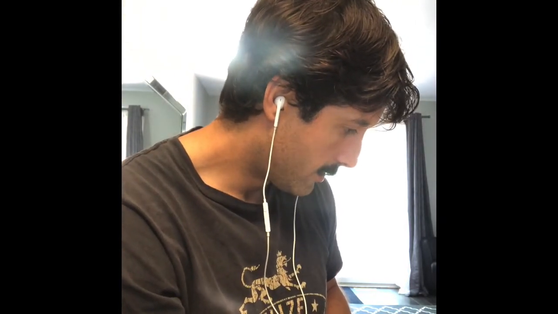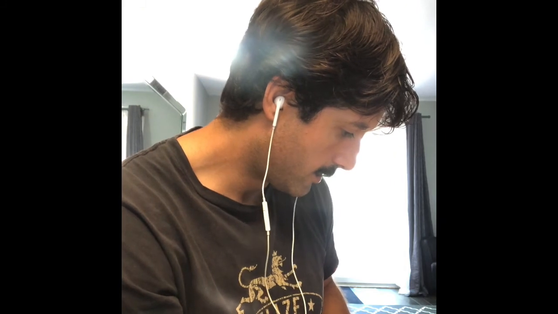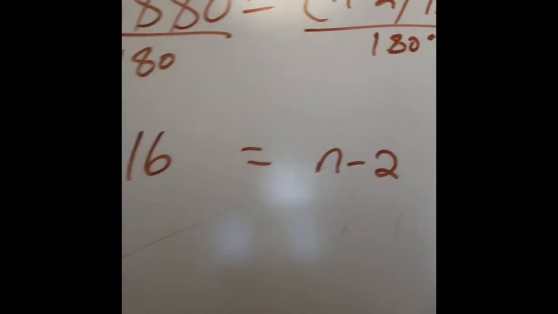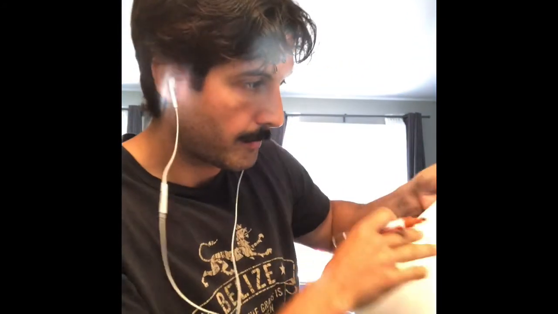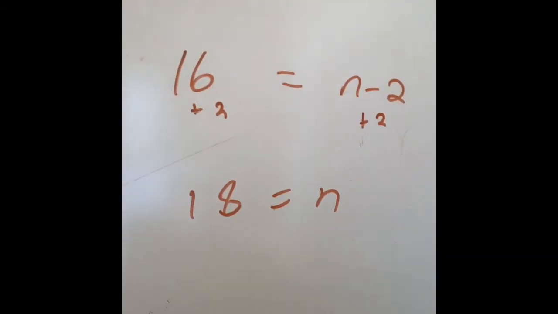Now, n minus 2 is equal to 2,880 divided by 180 degrees, which is 16. So the very first step, always divide by 180 degrees, and then you add 2. Add 2, and you get 18.